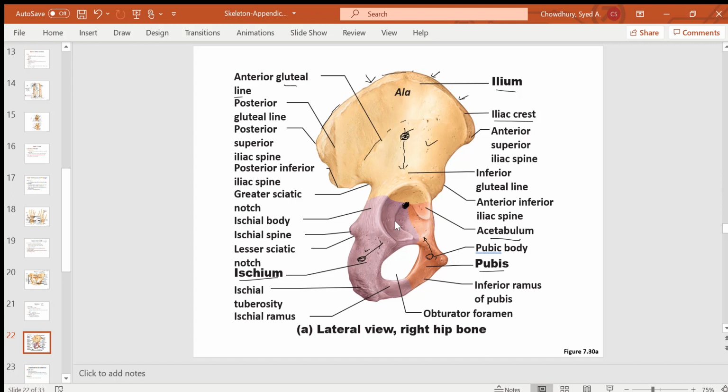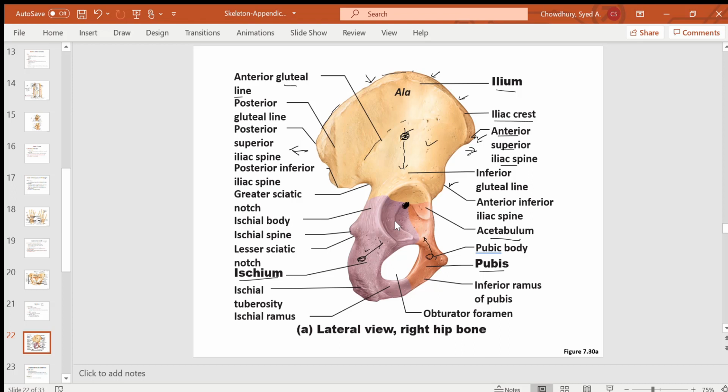Now in the front of the ilium you have two spines. This is called the anterior superior iliac spine. Makes sense? Spine in the ilium, that's why it's called iliac spine. Why is it called anterior superior? Because this is the anterior, this is the posterior. So this is anterior. And why superior? Because this is the upper spine, this is the lower spine.